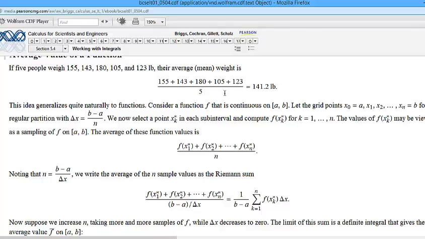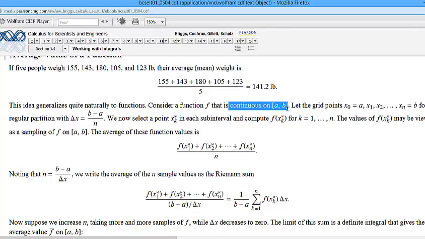They're actually explaining what I said I never had to explain. What's the average weight of 5 people? Add them up, divide by 5. Yeah, nice. That's really a nice calculus class you're in at Lakeland. All right, so then consider a function that's continuous on AB. That's the difference. It's not like I have 5 test points.